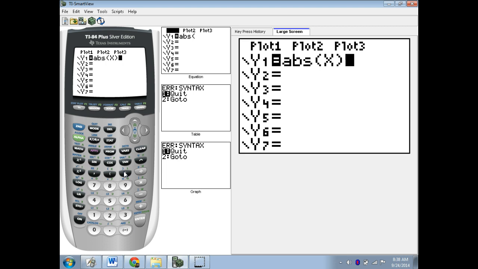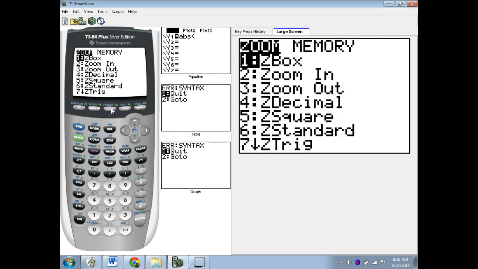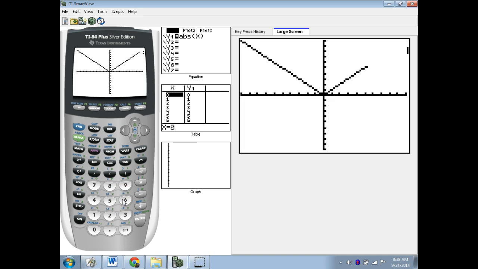And then we're just going to take a look at this on the standard window. So we can automatically go to the standard window by hitting zoom 6. And the standard window is on the x-axis we go from -10 to 10, and same with the y-axis, -10 to 10.